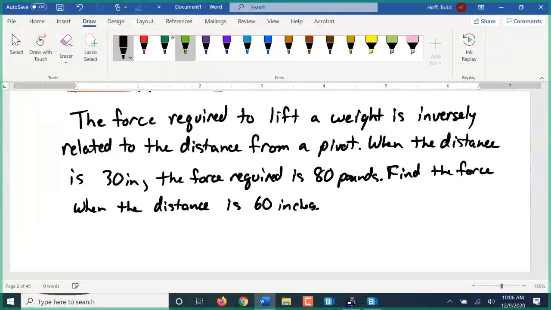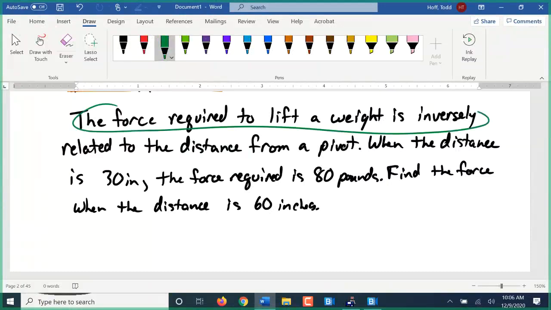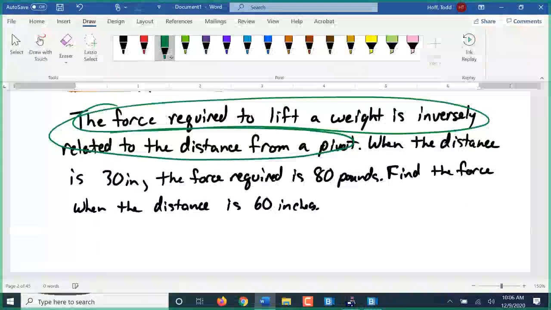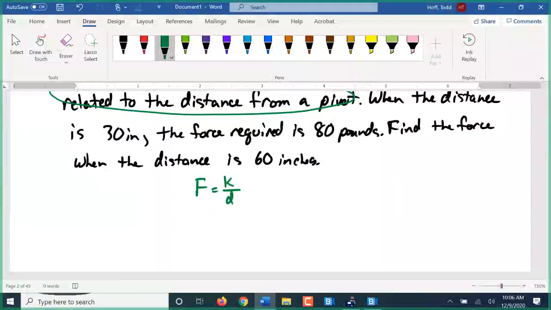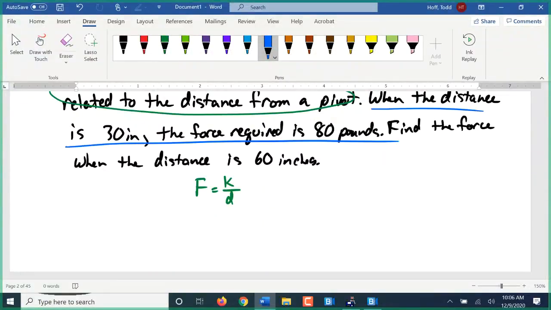So here we have this relationship. The force required is inversely related to the distance from the pivot. So the force equals a constant divided by a distance. F equals K over D. We have that known condition. When the distance is 30 inches, the force is 80 pounds. So 80 equals K over 30. So we're going to solve for K here by multiplying by 30.